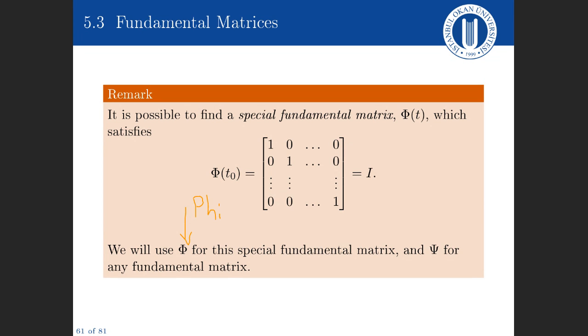And for just any fundamental matrix, of which there are infinitely many, I'm going to be using the notation capital Xi. So Phi for the special one and Xi for any fundamental matrix.